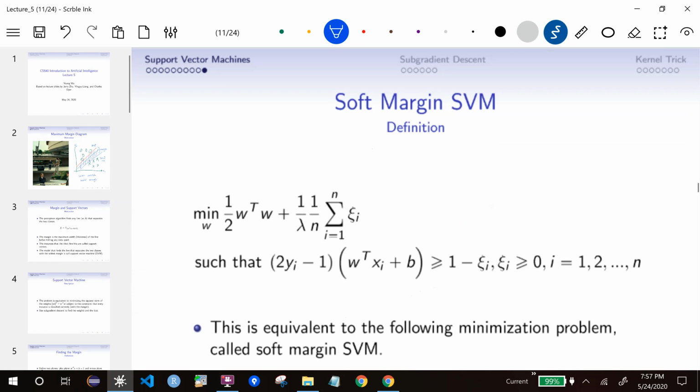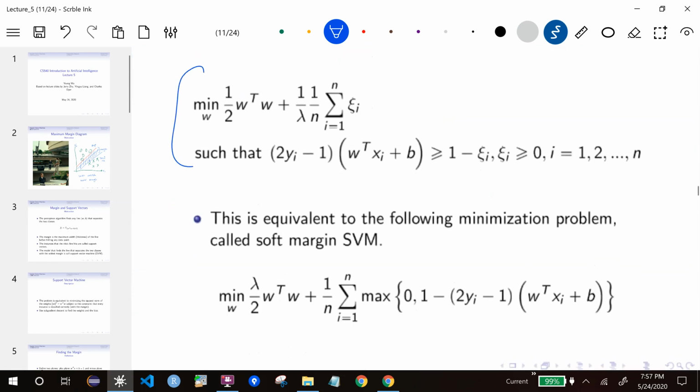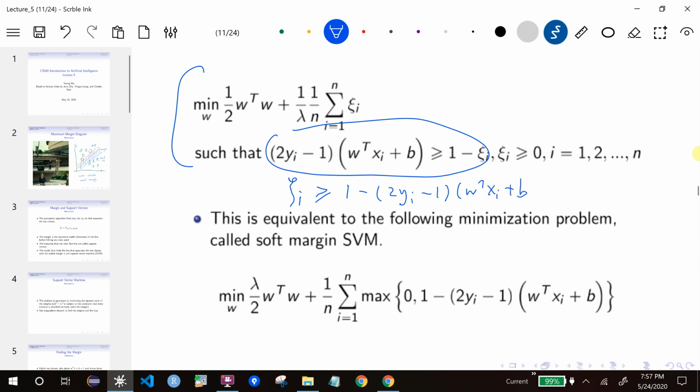In any case, I copy the same expression again, and we need to simplify this. The first thing we need to do is rearrange this so that psi i is larger than or equal to 1 minus 2yi minus 1 times w transpose x plus b. That will be the first step.